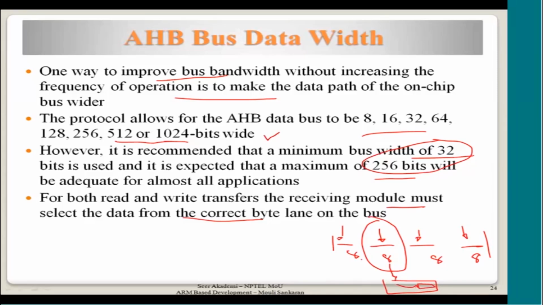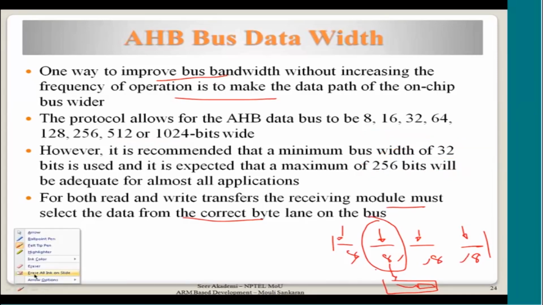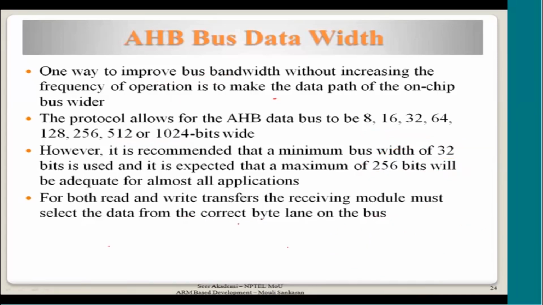But driving the same data over multiple buses increases the power consumption. So in the AHB, the correct byte lane on the bus needs to be driven. We don't have to replicate the data on all the byte lanes. So the module must select the data from the correct byte lane.